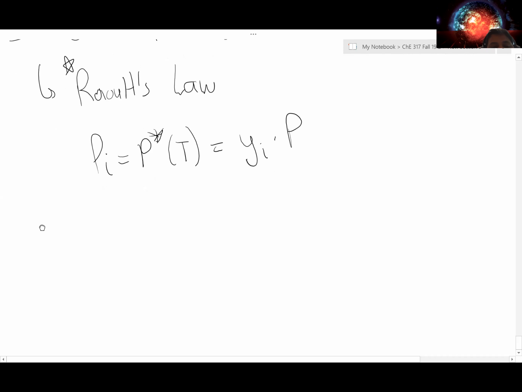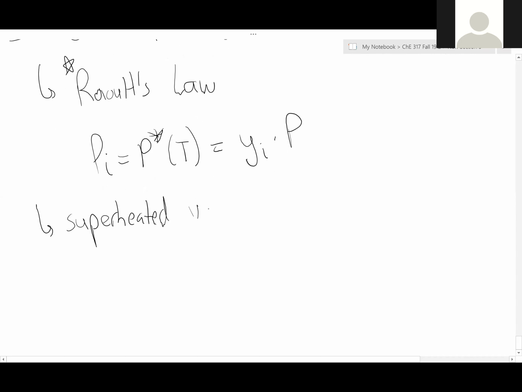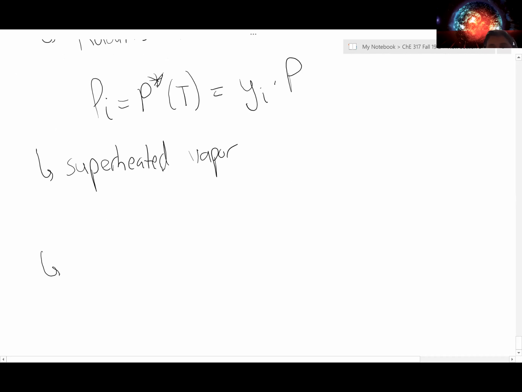Also, we looked at things in terms of superheated vapor, and when we're looking at saturated vapors at the dew point.